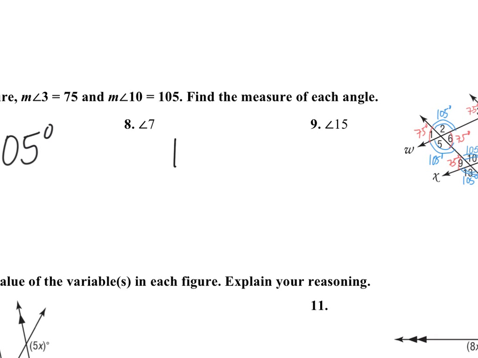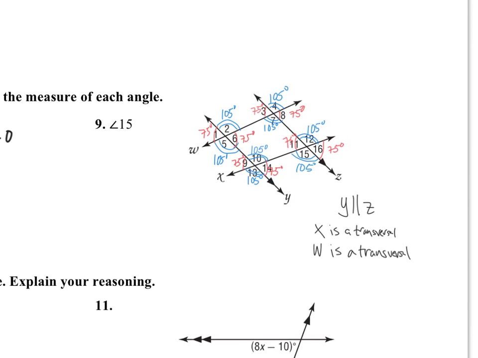And then angle 9 is 75 degrees. Or no, I'm sorry, number 15 is 105 degrees. I was thinking of angle 9. Angle 15 is 105 degrees. So I'm going to write that in here. Just given that little piece of information and knowing that y is parallel to z allows them to draw all those conclusions.